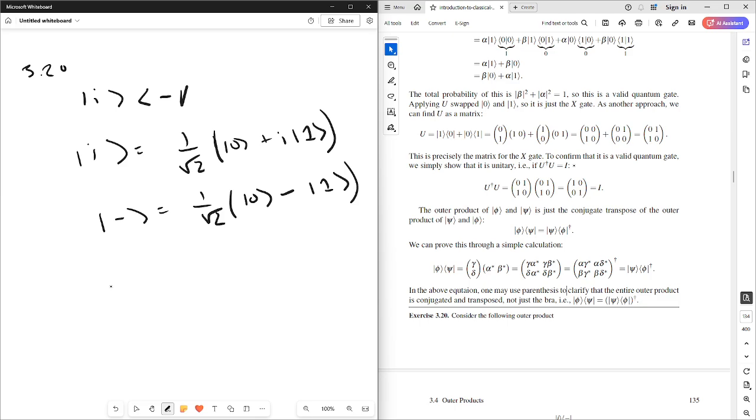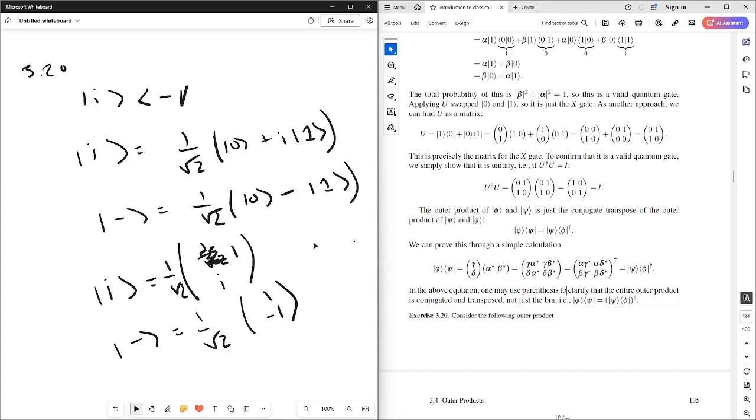So the matrix form of I is 1 over square root of 2, 1 I. And the vector form of minus is going to be 1 over square root of 2, 1 and negative 1.